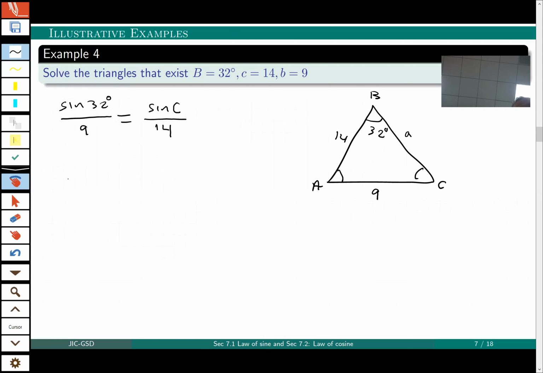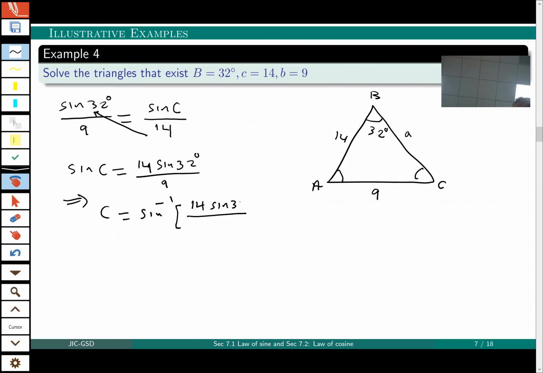So sine C is equal to 14 multiplied by sine 32 divided by 9. Now, what will be C? C will be sine inverse of this quantity, 14 sine 32 degrees over 9. That will be the value of C.